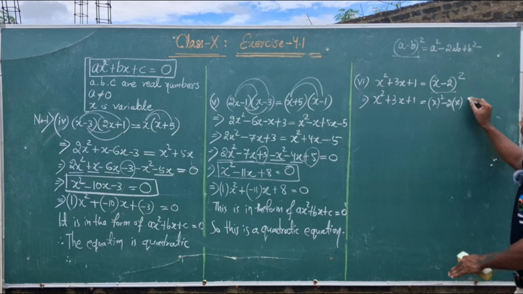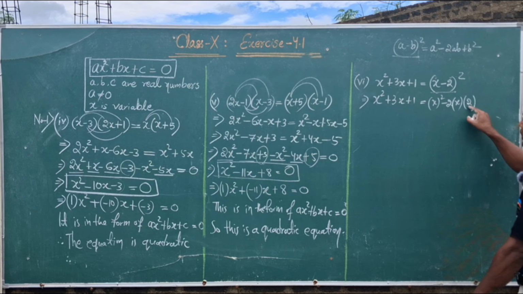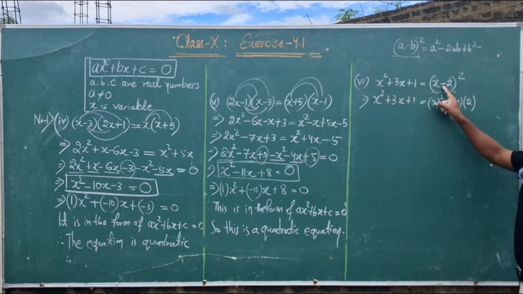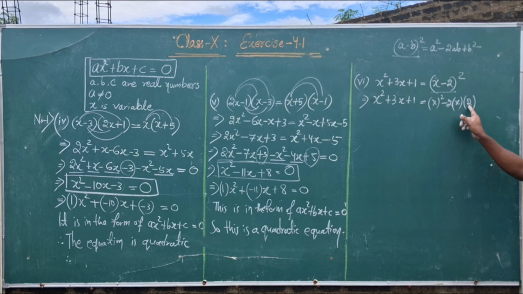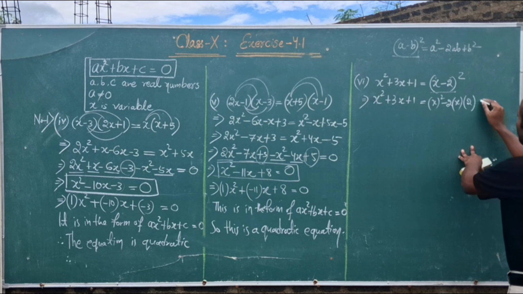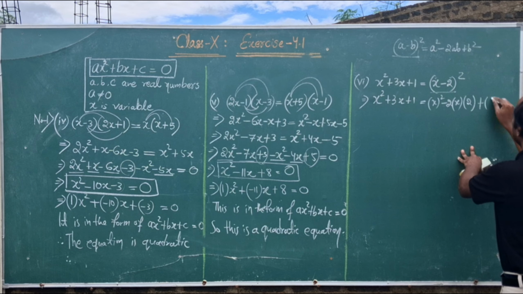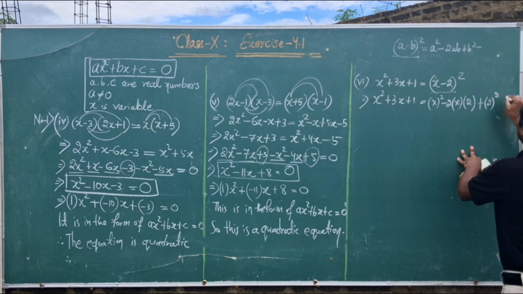And who is b? 2, not minus 2. Remember, this minus symbol, if you're thinking you should write it here, no, you don't have to, because this minus is already taken here. This minus has come because of this. So you don't have to write minus 2 here, only write 2. In place of b, you have 2. Now, plus b square. You are taking b as 2, so 2 square.